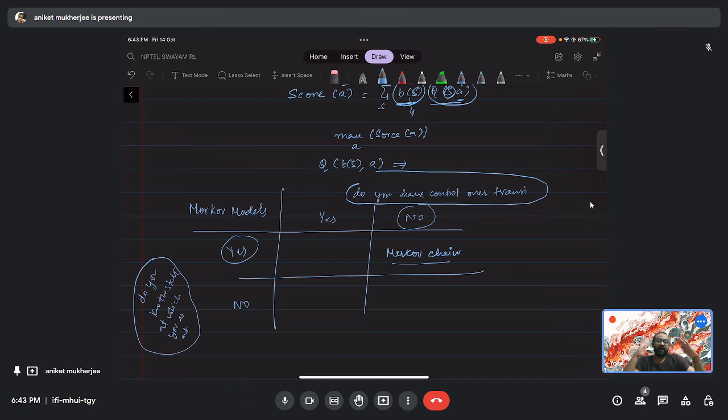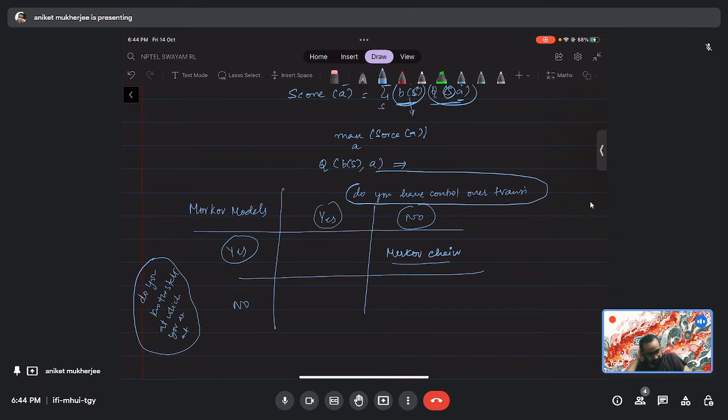Exactly, very perfectly put. So now you understand that if I have a Markov chain, I can model it as an MDP. If I have an MDP, I can model it as a Markov chain. Because in a Markov chain, essentially the action that you're taking is what it's doing.